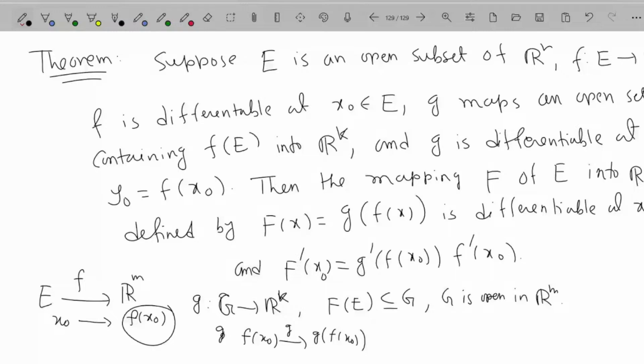So remember this theorem. Product of these linear operators. It's like the usual thing, but here, instead of a product of two real numbers, we have a product of two linear operators. So what do we mean by product of two linear operators?